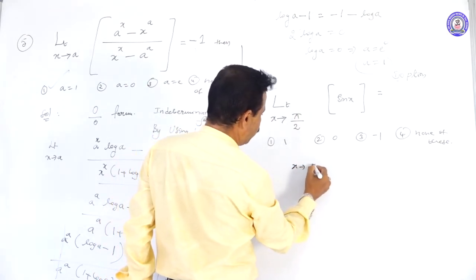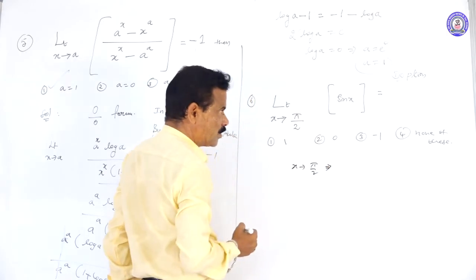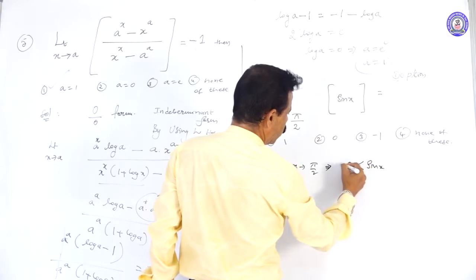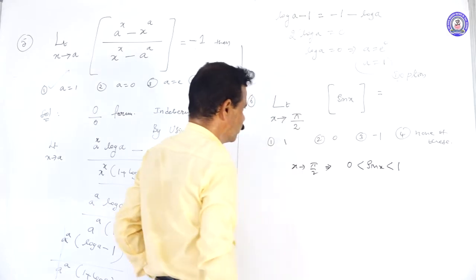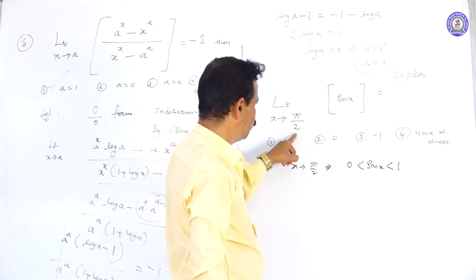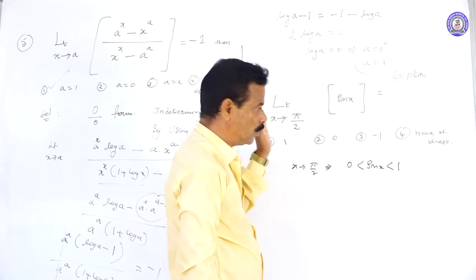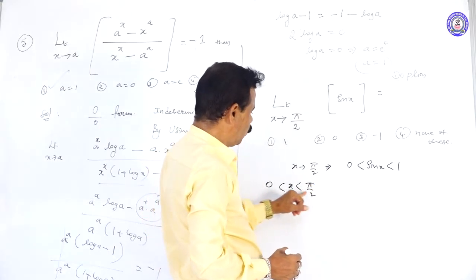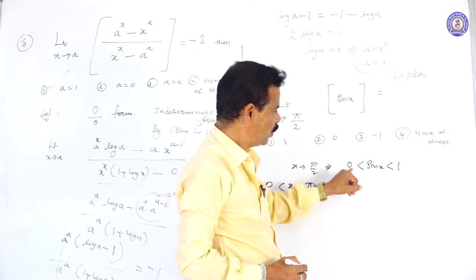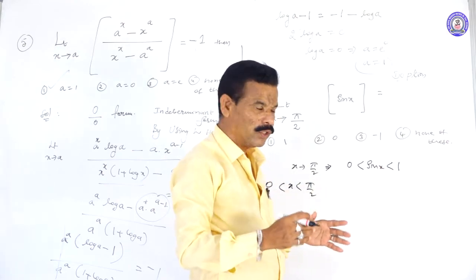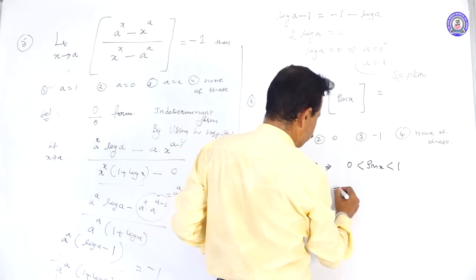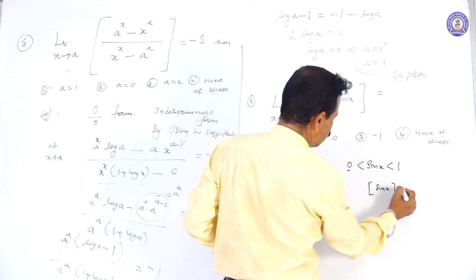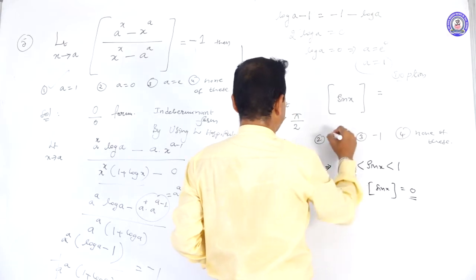As x tends to 5π/2, not exactly 5π/2 but below it, x lies in the first quadrant, where the sin x value lies between 0 and 1. So the step function of sin x is equal to the minimum value, 0. 0 is the right answer. So the second option.